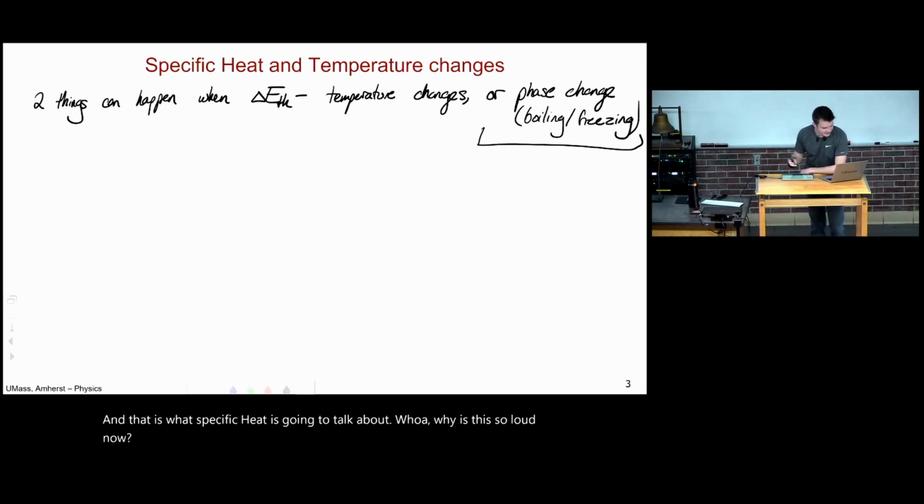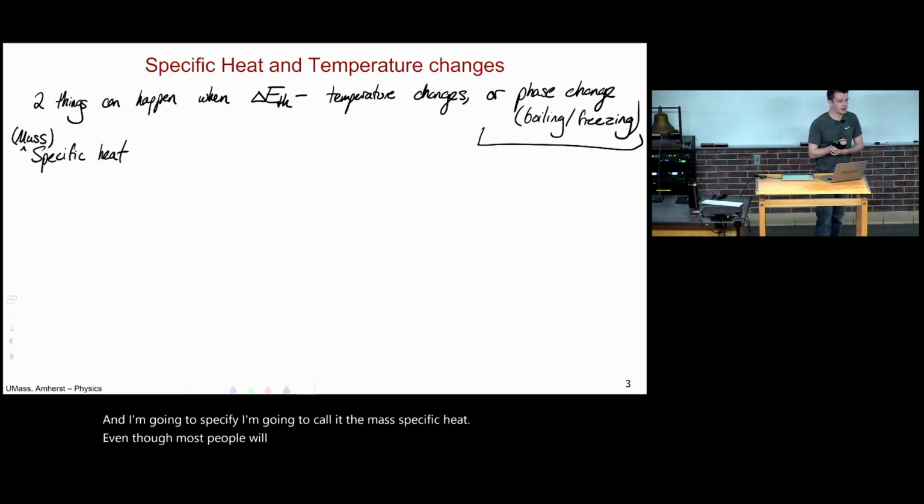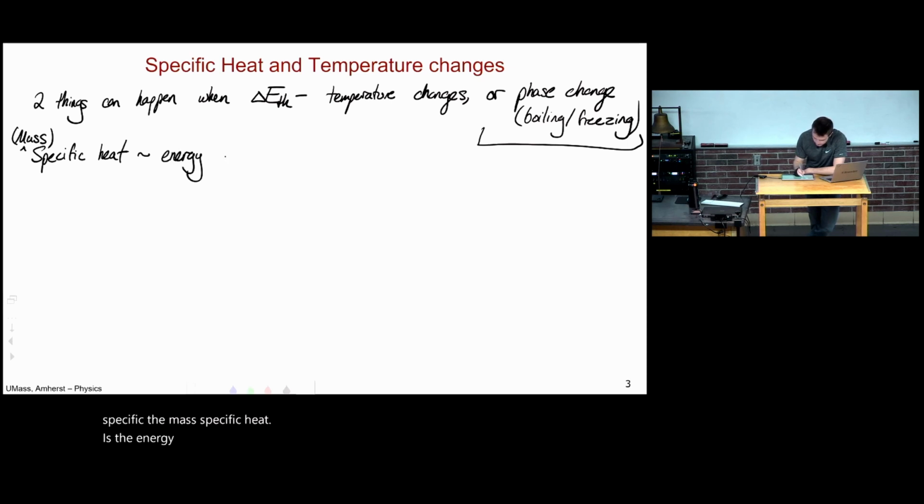All right, so specific heat, and I'm going to call it the mass specific heat. Even though most people will just call it specific heat, I'm going to be extra specific. The mass specific heat is the energy required to raise 1 kilogram of that substance by 1 degree Kelvin or Celsius.